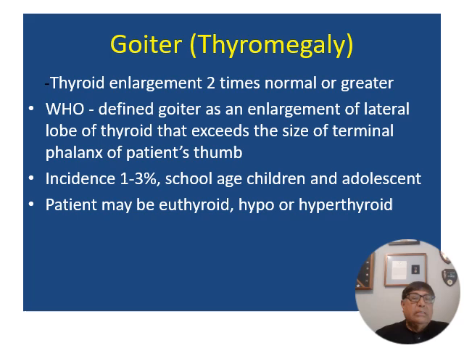The incidence is that about 1 to 3% of school children and adolescents may have goiter without any thyroid problem. As I have mentioned, this patient could be euthyroid, hypothyroid, or hyperthyroid.